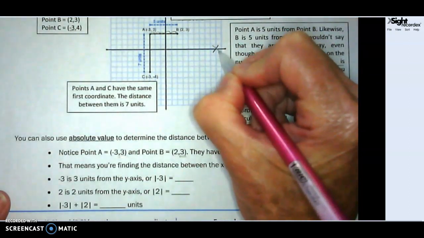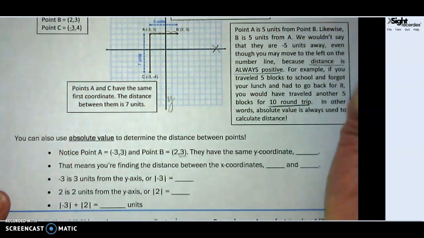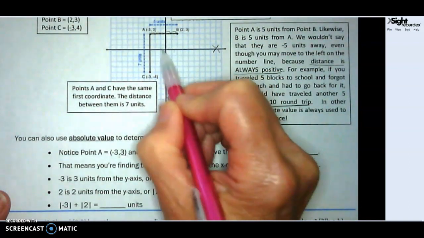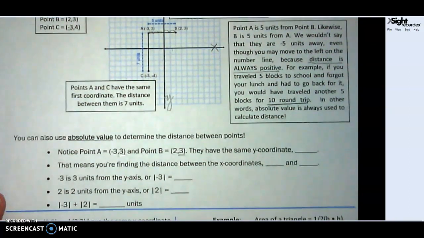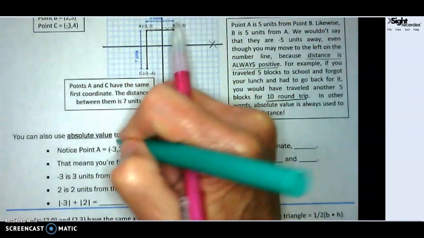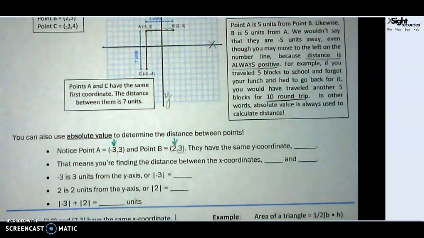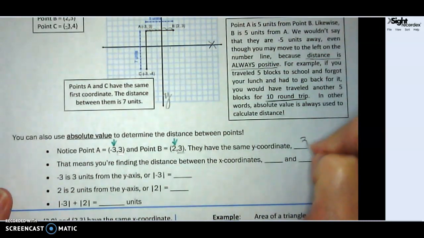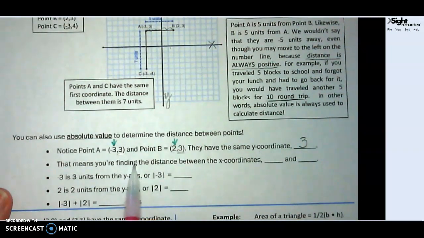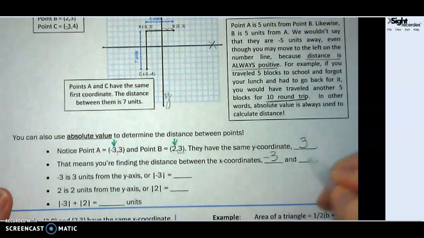Here's the x-axis, the horizontal axis, and y is the vertical axis, and they're all 3 away. So our x values are the ones that are different, and those are the things that we're going to be looking at, the difference of those numbers. They have the same y coordinate, which is 3. That means you're finding the distance between the x coordinates, which are -3 and 2.